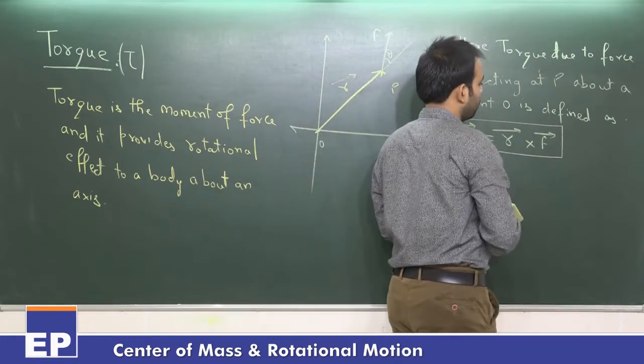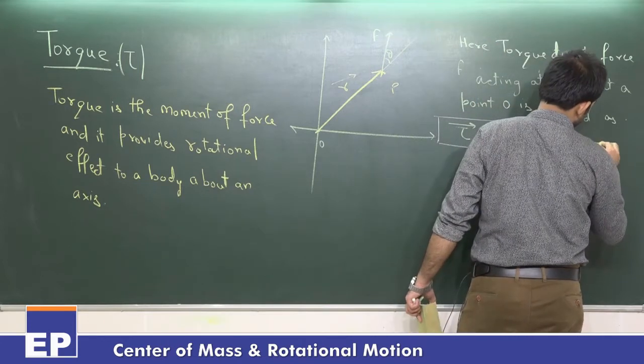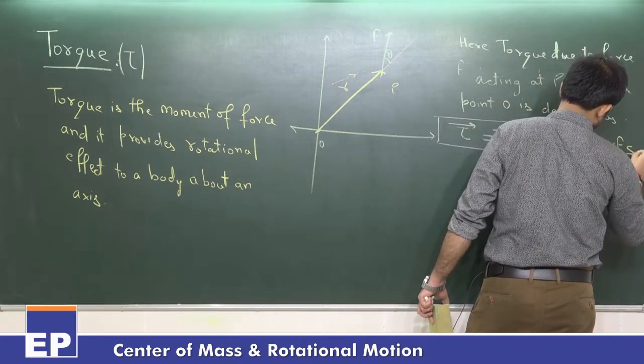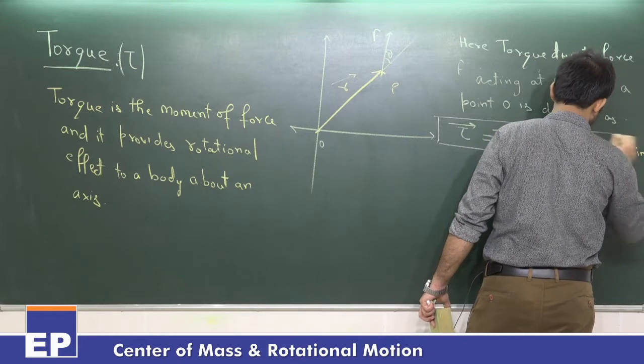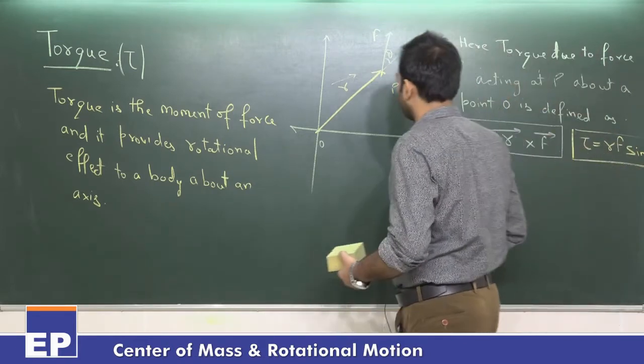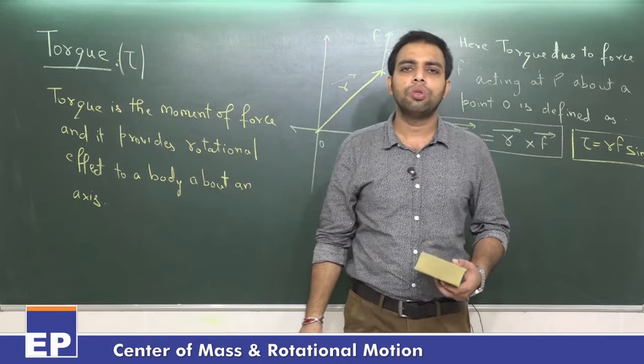If you write the magnitude of the torque only, the magnitude is R into F into sine theta.